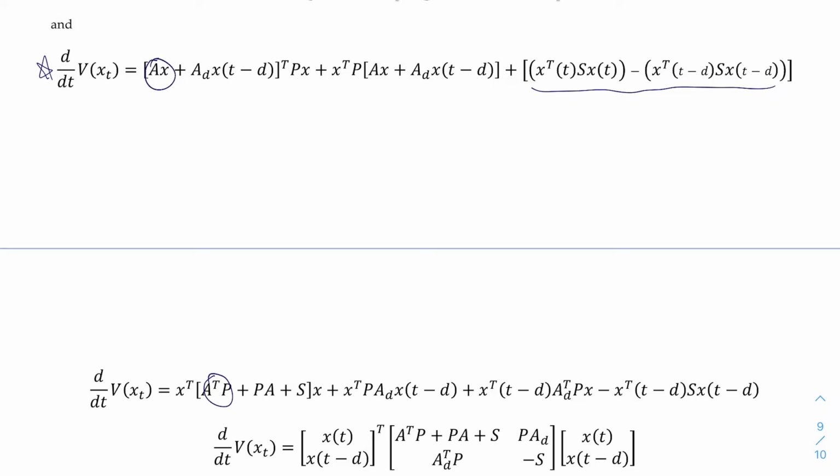And PA, that term comes from this term, and also that term leads to that term.